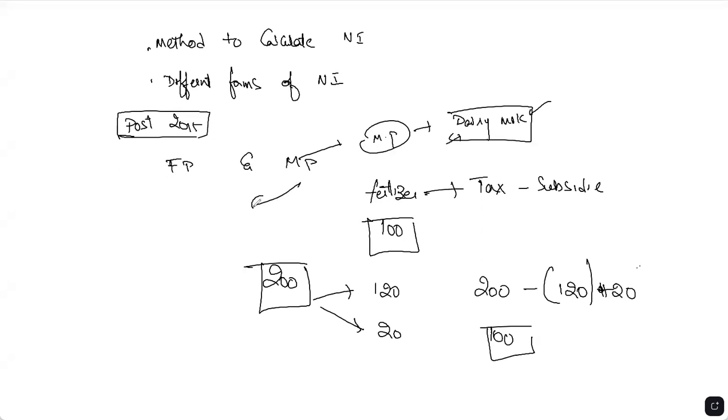So market price is equal to factor prices plus net taxes, which include taxes minus the subsidy. So this is the factor prices. Previously, we used to use the factor prices before 2015. Later on, market prices are being used.